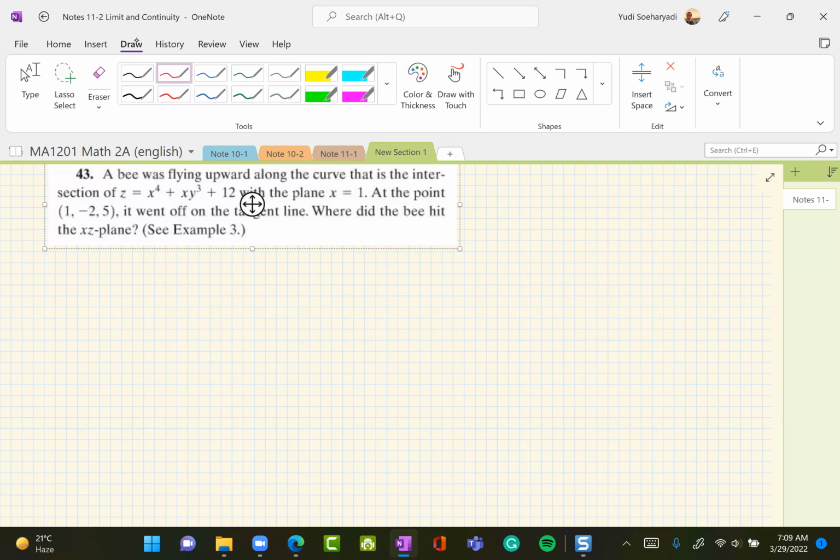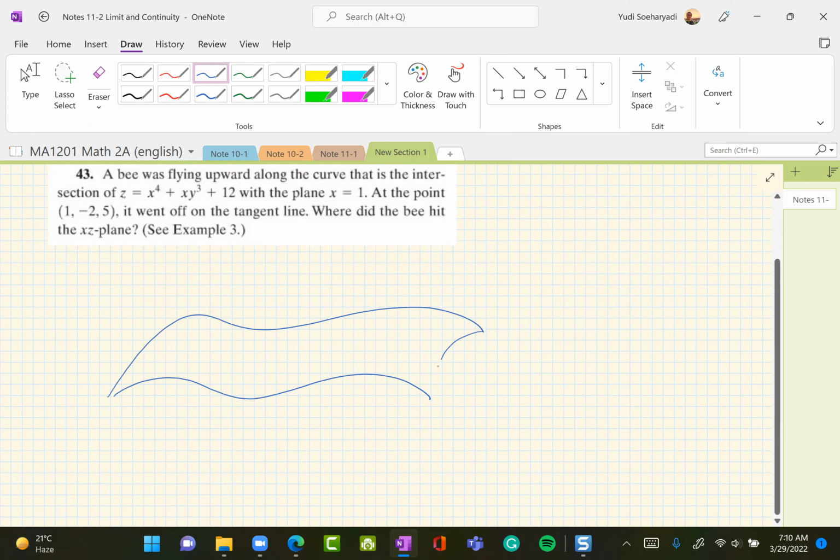So generically, we always draw the plane. This is the general surface. Okay, and then you have the plane x equals 1.